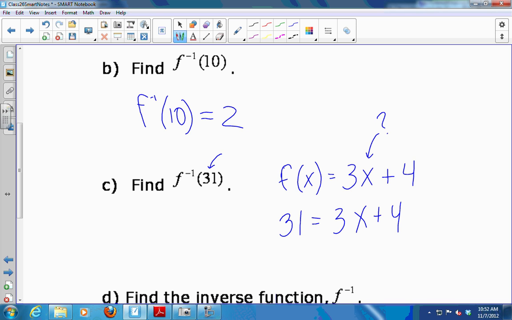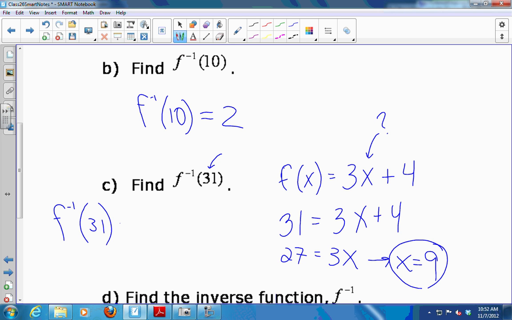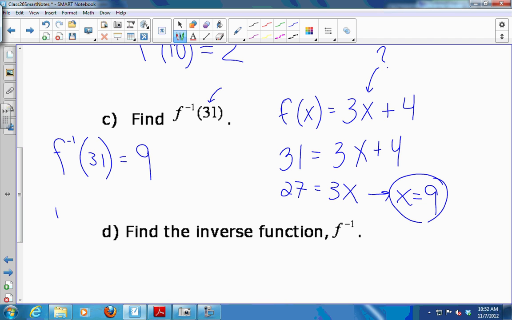Does that make sense? Okay. So then I solve this equation, subtract 4 from both sides, and I get 27 equals 3x. So x is 9. So f inverse of 31 equals 9, and I know it's true because f of 9 gives me 31.